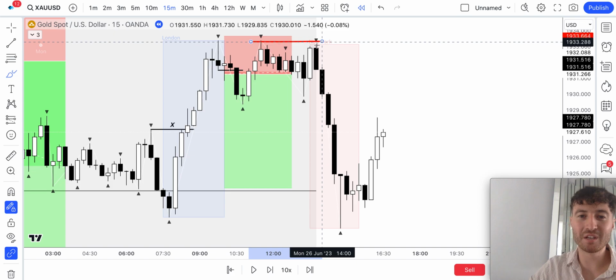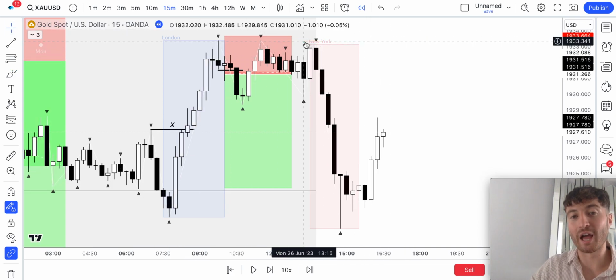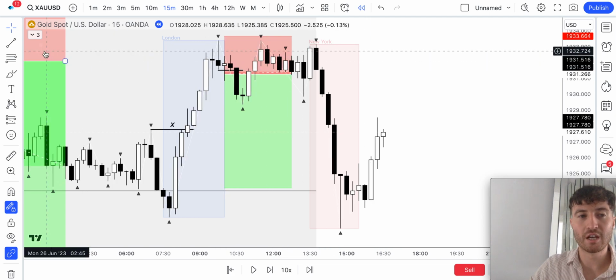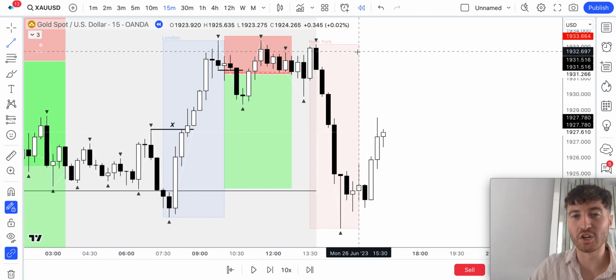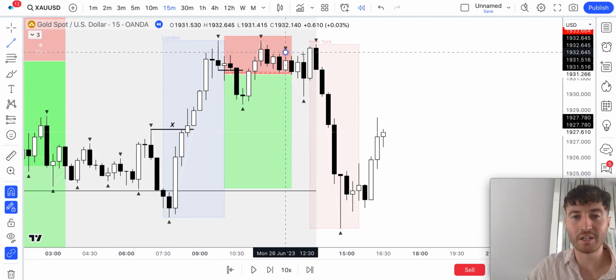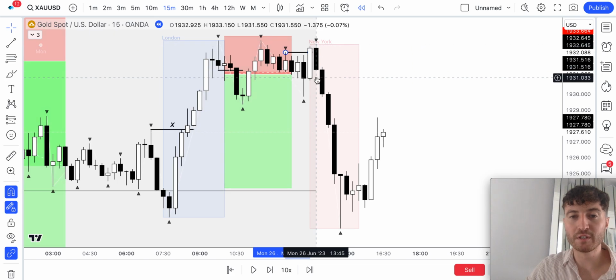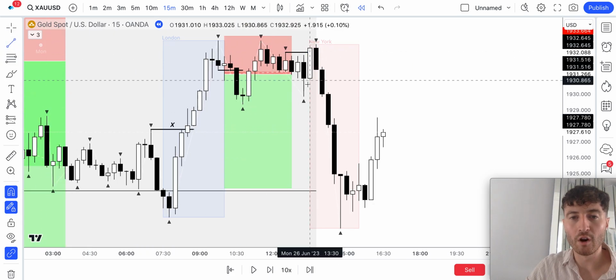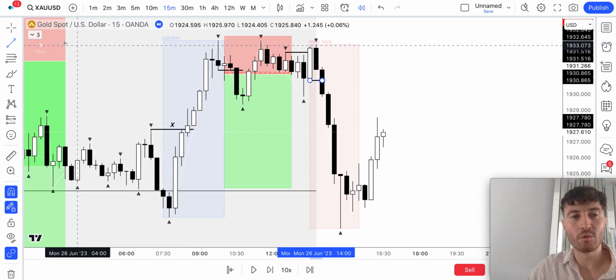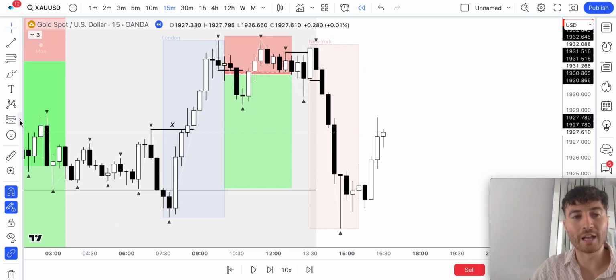Another thing to note here is within this entry schematic, there was actually another entry. Because you can see we go into the New York session here, and we actually ran this fractal high here. We ran that fractal high, and then we shifted and broke the low of the most recent candle, which made the higher high. Okay, so there was actually another entry.